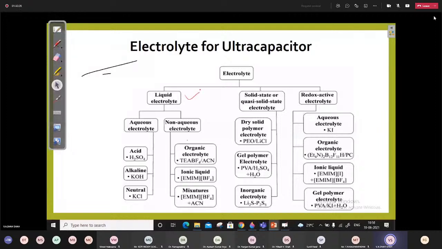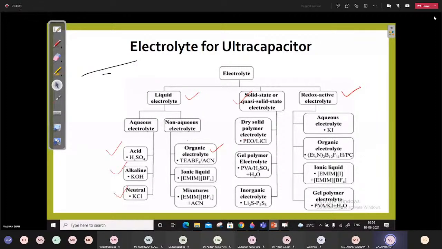Aqueous electrolytes are acid based, alkaline based, and neutral based, that is KCl. Non-aqueous electrolytes are organic electrolytes, ionic liquids, and mixtures of those. In the case of solid state, there are dry solid polymer electrolyte, gel polymer electrolyte, and inorganic electrolytes. Redox active electrolytes are aqueous electrolytes, organic electrolytes, ionic liquids, and gel. So there are different types of electrolytes.